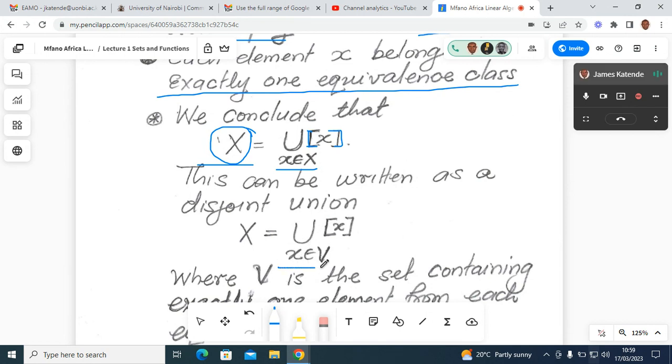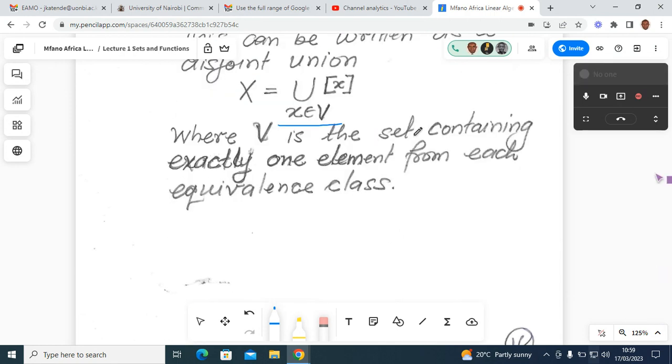This gives a more efficient expression, because now you have a disjoint union of equivalence classes. We'll do an example to illustrate all this. So V is a set containing exactly one element from each equivalence class, this capital V.